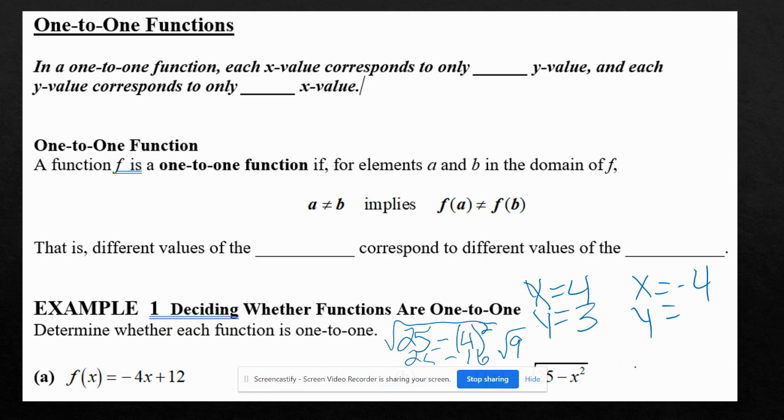If I plug in negative 4, we have the square root of 25 minus negative 4 squared. Now remember, we're following order of operations, so we have to do the square before we can do the subtracting. So I can't do add the opposite here. Negative 4 squared is positive 16. 25 minus 16 is still the square root of 9, and the square root of 9 is still 3. So we have different x values. One's positive 4, one's negative 4, but we have the same y value answer. And so because of that, the second one is not a one-to-one function.